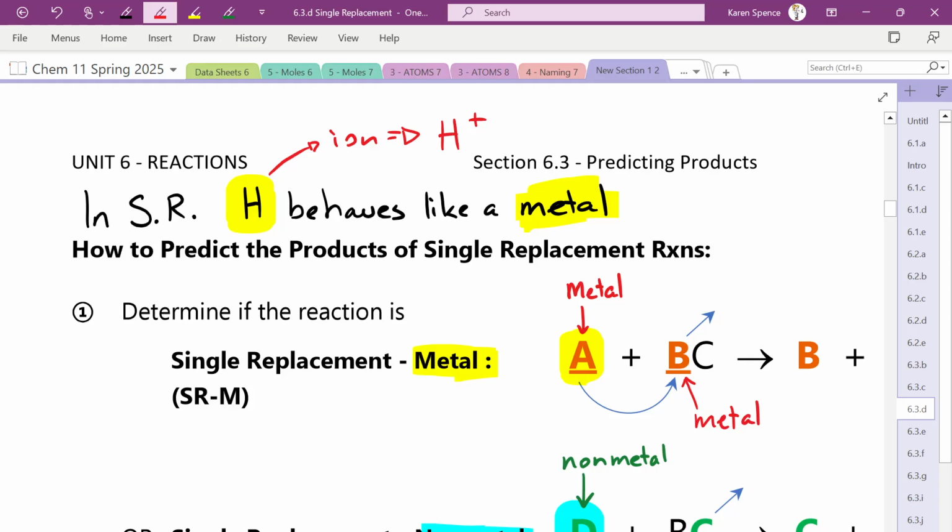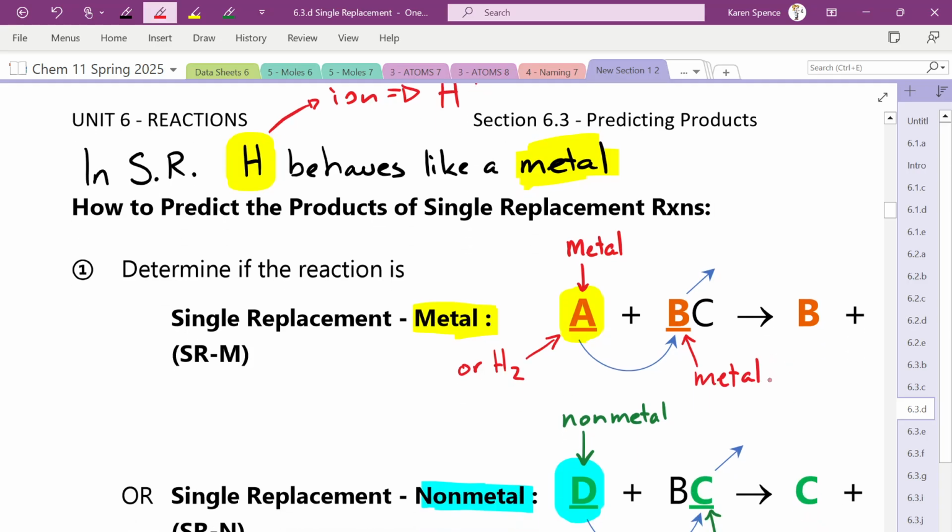And what kind of elements become positive? Metals. So even though it's not a metal, we're going to treat it like a metal. Okay? So when we have the metal here, this could be a metal or hydrogen. And this one here could be a metal or hydrogen.